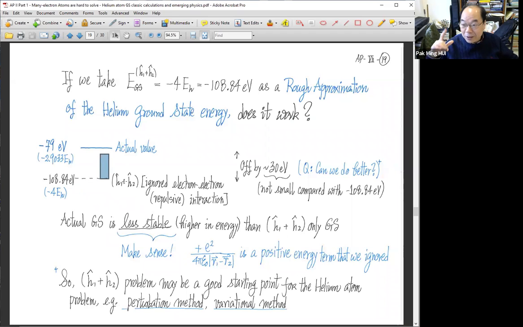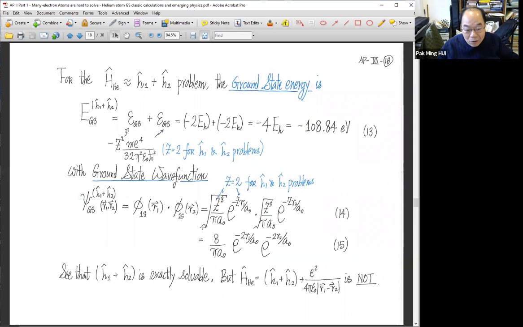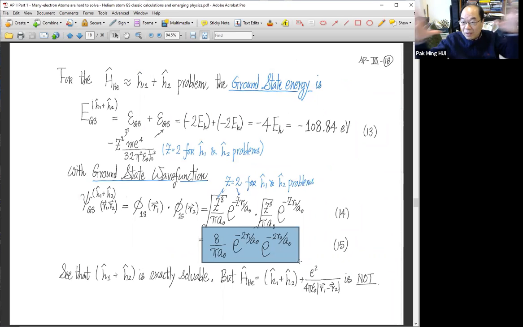So maybe it's still possible if we do some approximation, first order perturbation, for example, to calculate the expectation value of this when the unperturbed wave function is that. Now, can you imagine there's an integral? E squared over this R1 minus R2 in the middle. This thing on the left, this thing on the right, and two integrations.